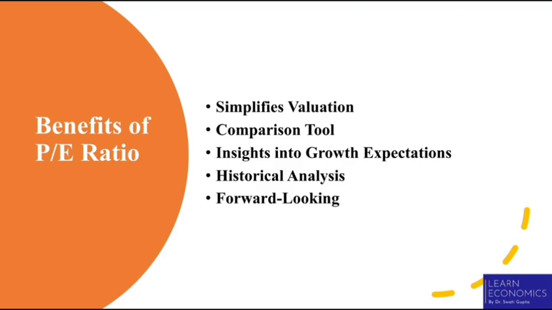Conversely, if a stock is trading below its historical PE ratio, it might be undervalued and gives a signal of a potential buying opportunity. Fifth, forward looking. The forward PE ratio, which uses projected earnings, gives an idea of expected future performance. It allows investors to make decisions based on anticipated earnings and indicates the company's growth potential.